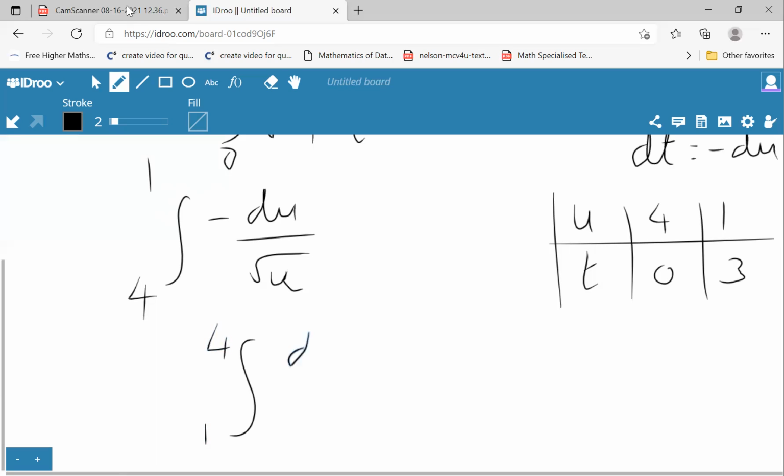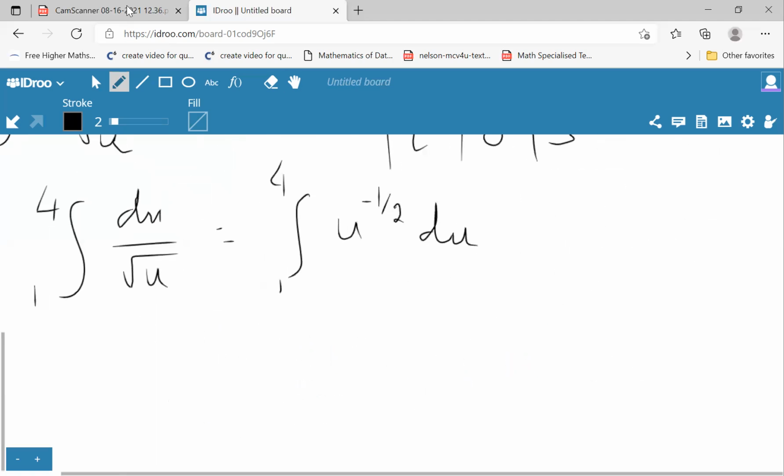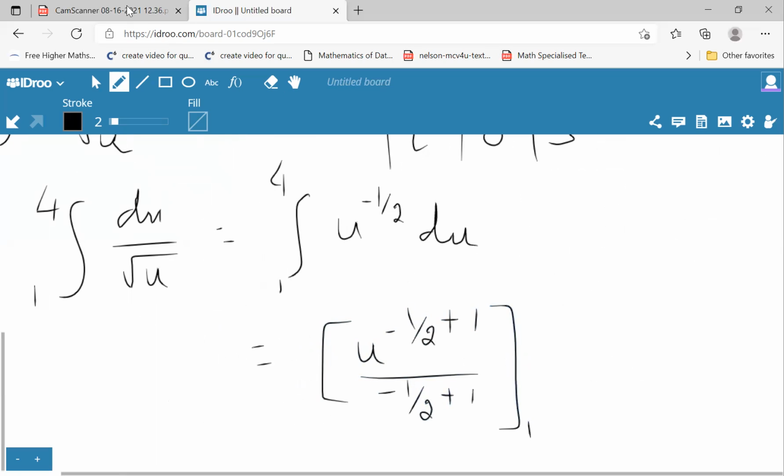So du by root u can be written as integration of 1 to 4 u to the power of minus half du. On integration, that gives you u to the power of minus half plus 1 by minus half plus 1 between the limits 1 to 4.